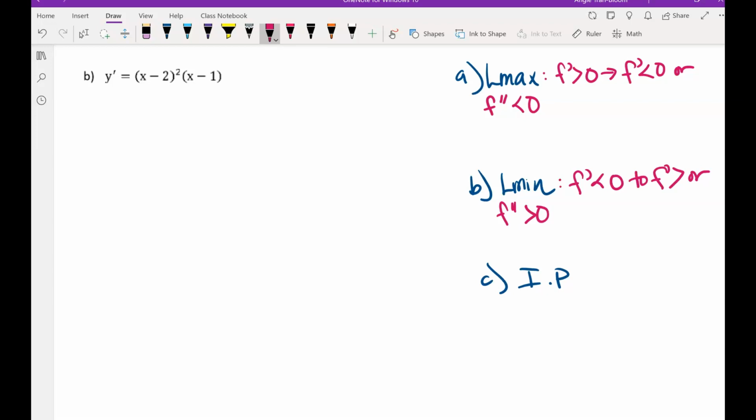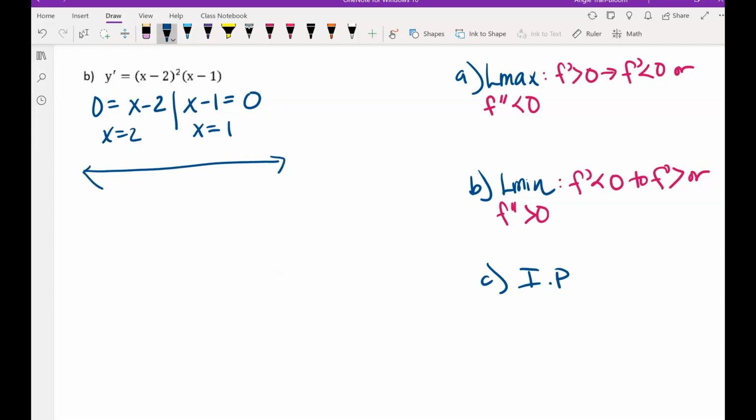The inflection point is when the second derivative goes from positive to negative or vice versa. So the first thing we want to do is set this equal to 0 to find the critical points. So we have 2 critical points here.